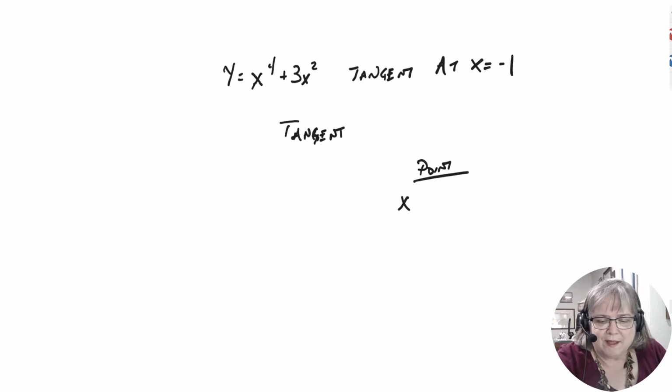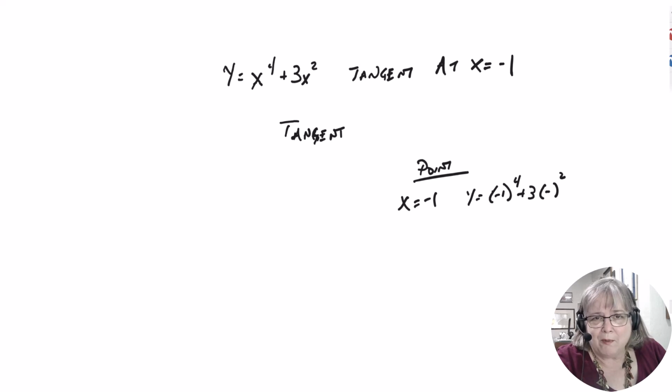So at x is equal to -1, we would substitute that into the original curve's equation so that we can find a point on the curve. So if you want a point on the curve, you use the curve's original equation. If you want a slope, you have to calculate the derivative.